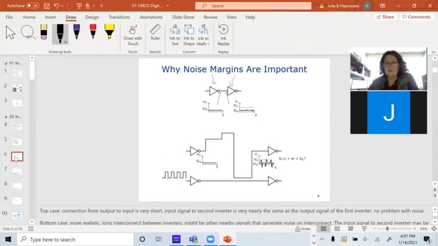Every time I make the line length longer, it's going to mean I have more capacitance on that line and more resistance, so I'm going to have a longer delay. But it's also going to be running parallel and close to other lines, and the signals that are on the other lines can feed through onto this line. And they create these little noise bumps. So it's not really perfect.